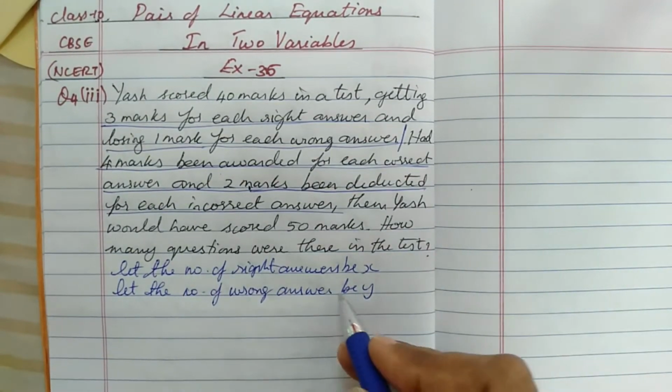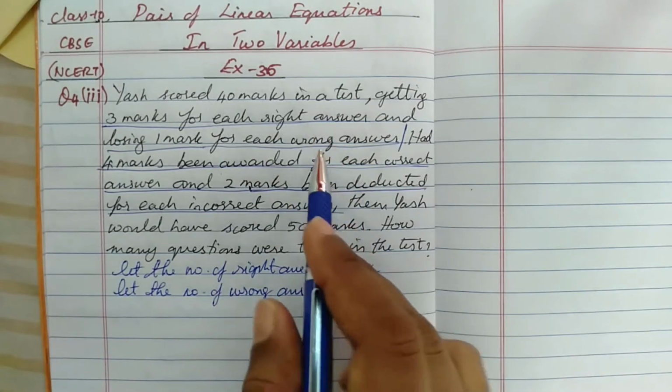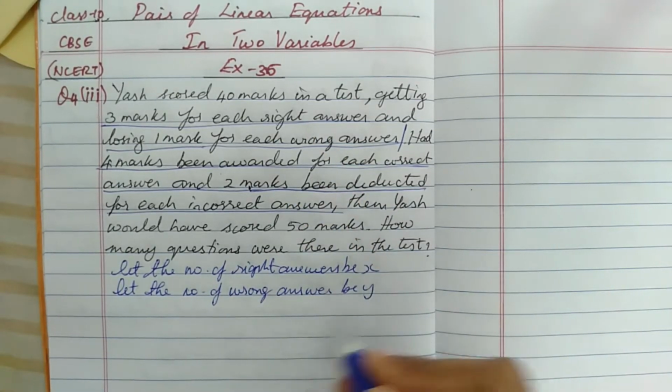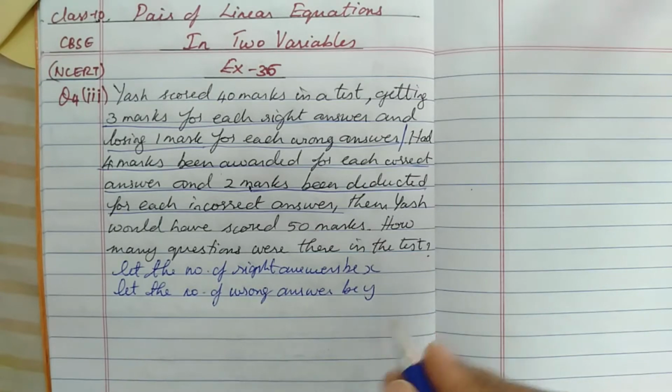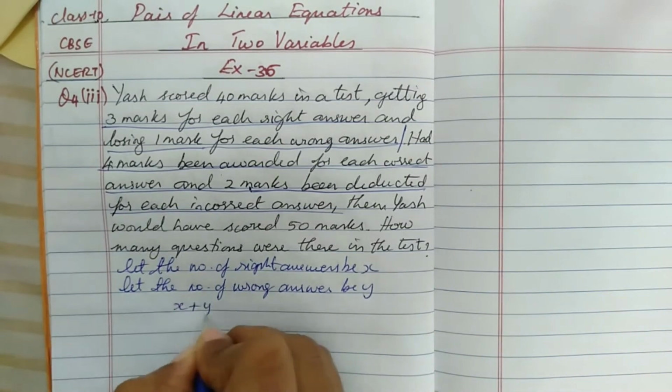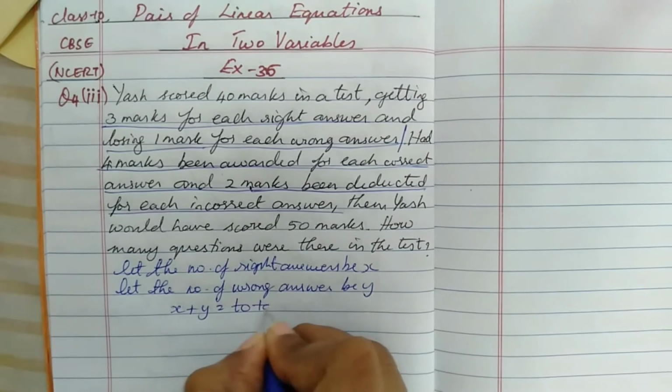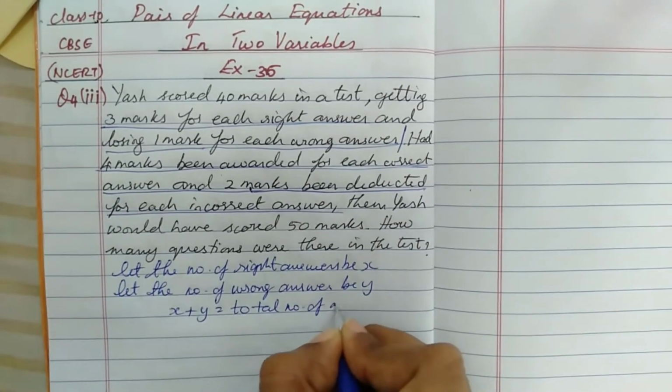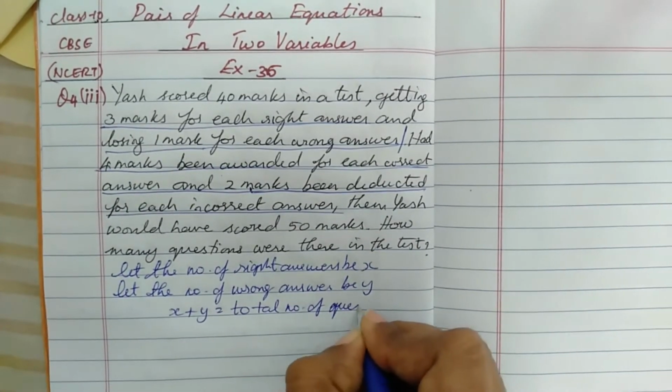So here the test contains right answers as well as wrong answers, so x plus y will give you the total number of questions in the test. So x plus y is equal to the total number of questions.